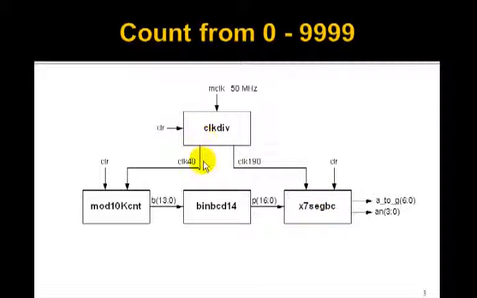We'll also tap off clock 48, our 48 hertz one, and that will drive our Mod10k counter, which will be a modification of our modulo 5 counter that we did. We'll just make it a modulo 9999 counter. And then we'll modify the binary to BCD converter that we did back in lesson 34 and make it a 14-bit counter, since we have 14 bits coming out here for our 9999.